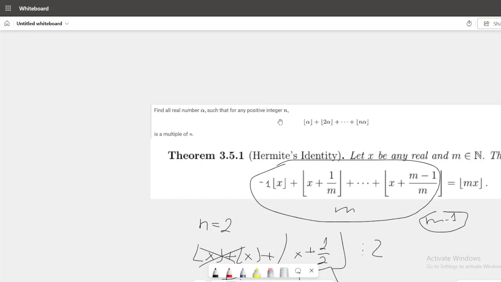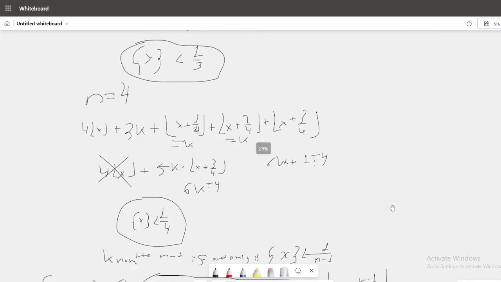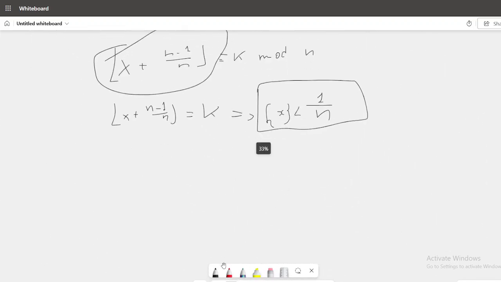Now we proved that for all working n, but according to the question, it will work for any positive integer n. If we pick n infinitely large, then the fractional part of x will need to be less than 1 over infinity, which is approaching 0.